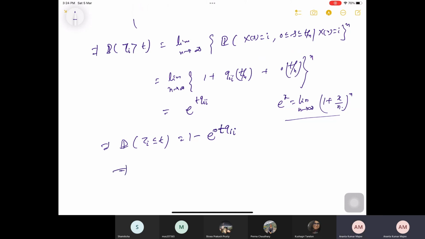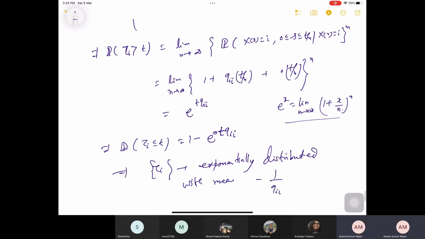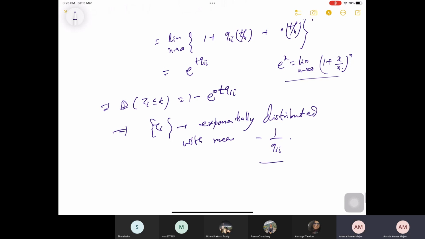So this implies that tau i is exponentially distributed with mean minus 1 by q_ii.